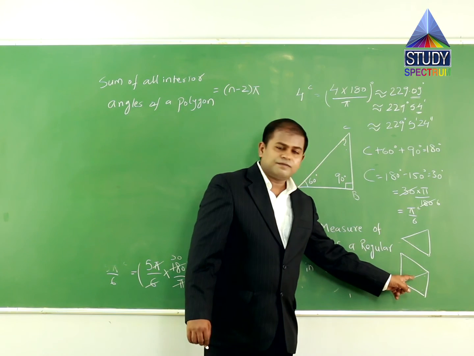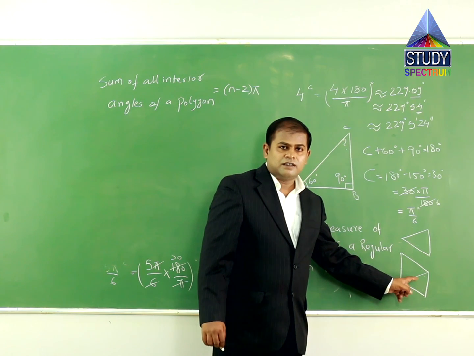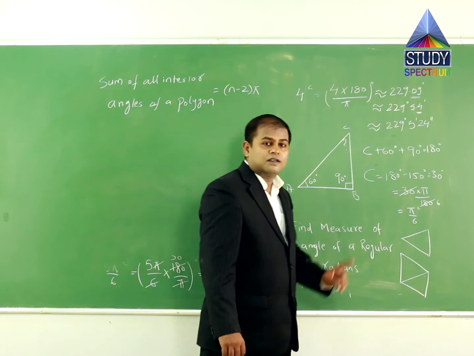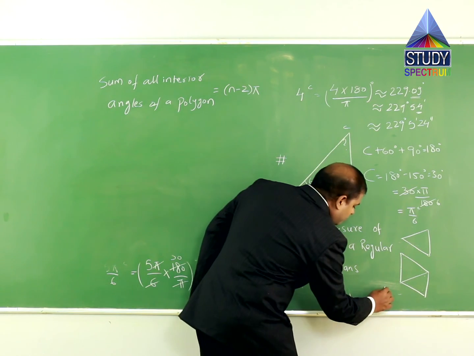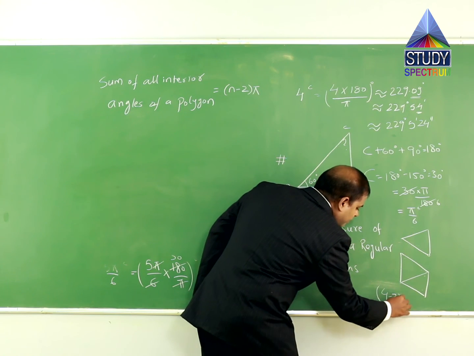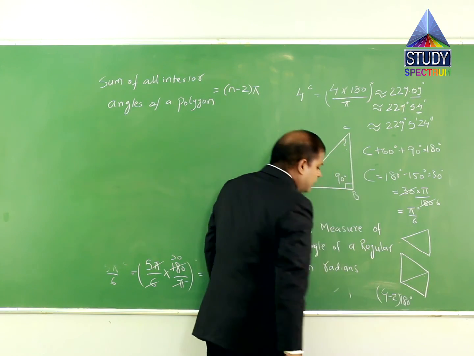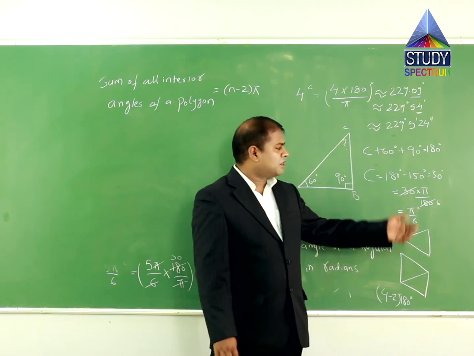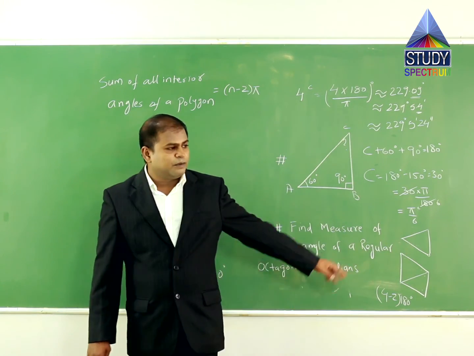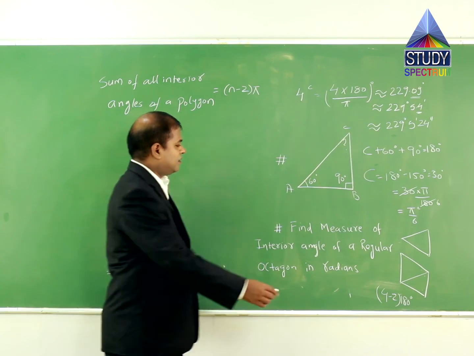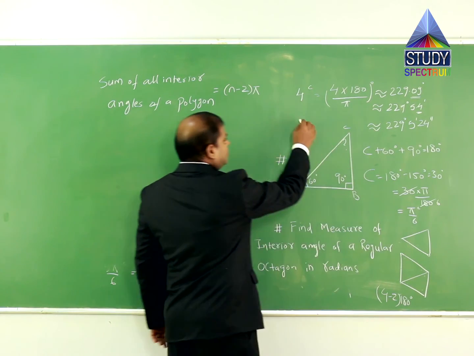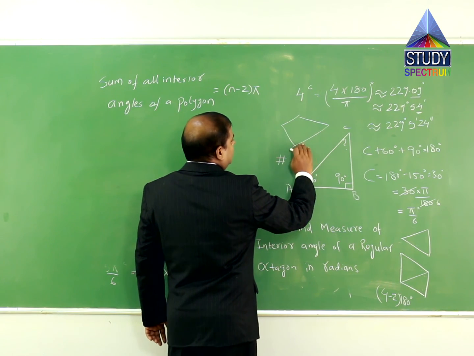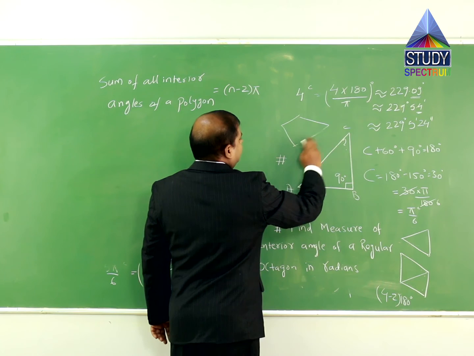So how many sides were there? 4 sides. So how many triangles are formed? 4 minus 2, that is 2 triangles. So the answer would be 4 minus 2 into 180. That is 2 into 180, 360 degrees. And if we extend this, suppose it's a pentagon. In a pentagon, in a similar manner, we can draw 3 triangles.